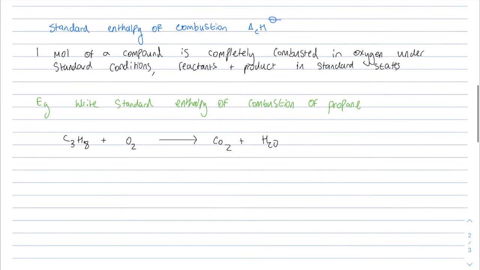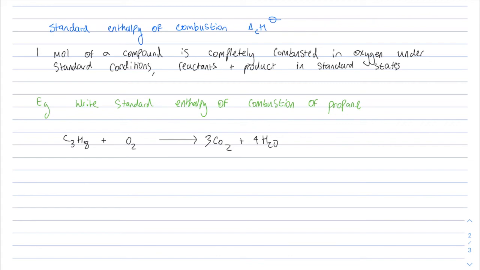So now it's time to balance. On the left hand side, we can see we have 3 carbons. Hence, on the right hand side, we need to have 3 carbon dioxides. Similarly, on the left hand side, we have 8 hydrogens. Hence, on the right hand side, we need 8 hydrogens. So we write a 4 in front of the H2O and a 3 in front of the CO2.